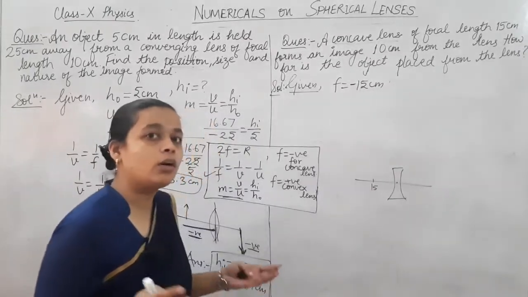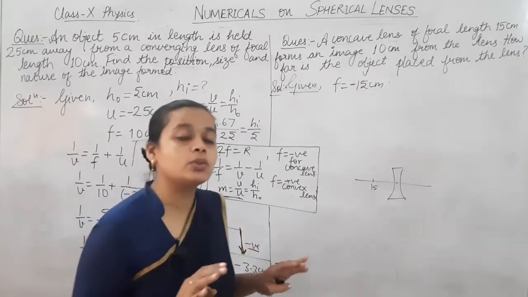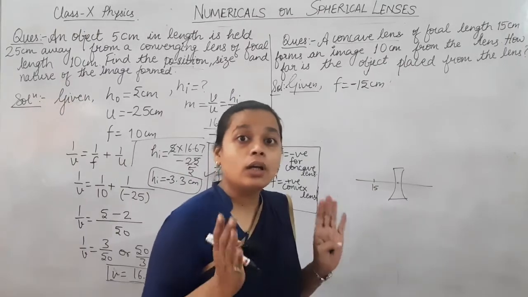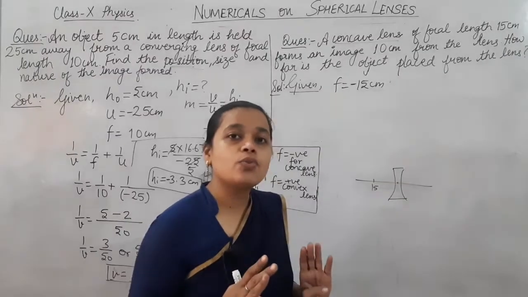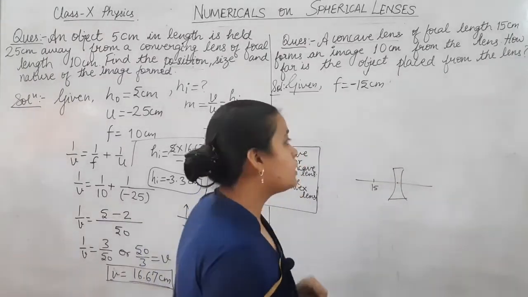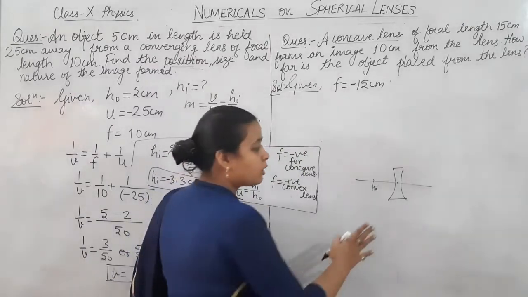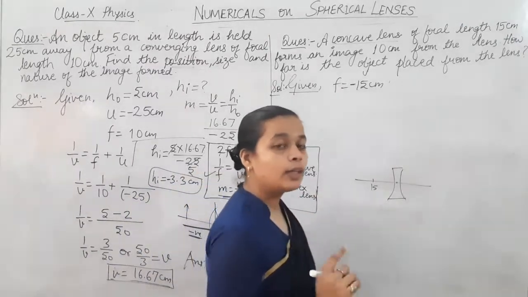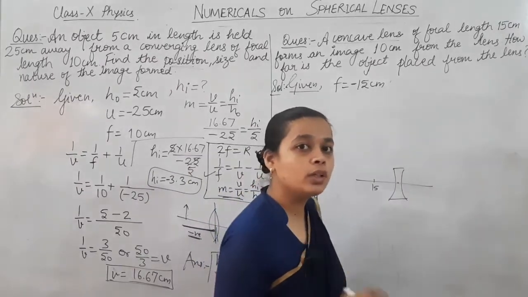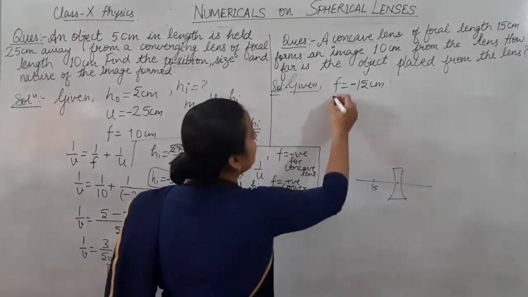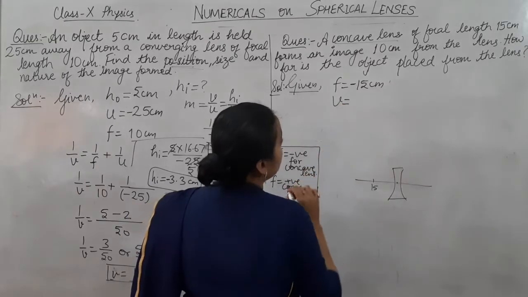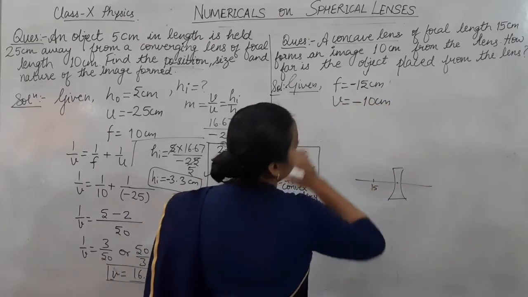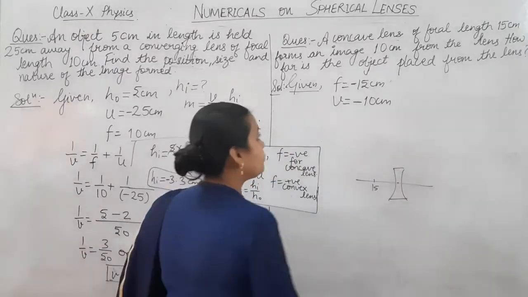A concave lens always forms what type of image? Concave lens always forms a virtual image, and the virtual image for a concave lens will be on the left side. Left side by sign convention is considered negative. That's why, while writing image distance 10 centimeter, we need to place a negative sign.